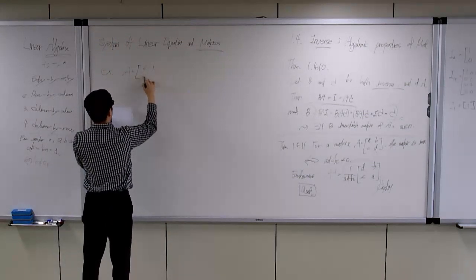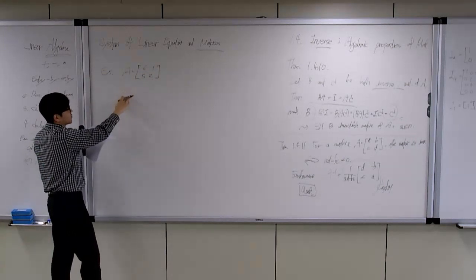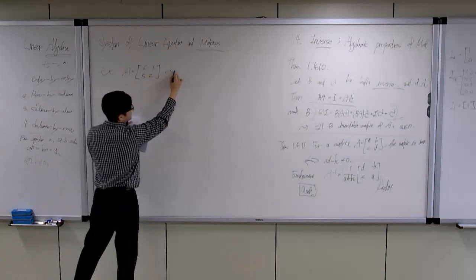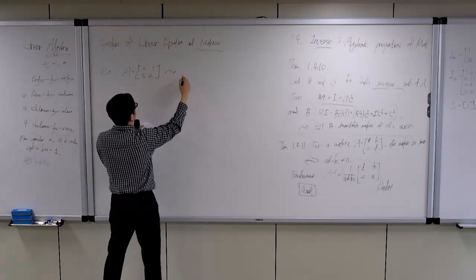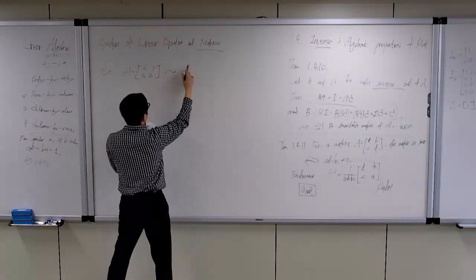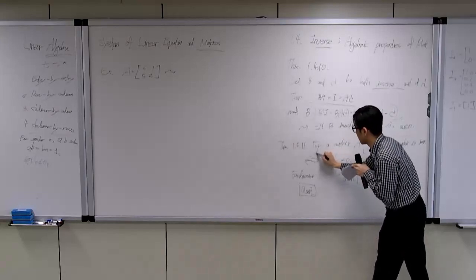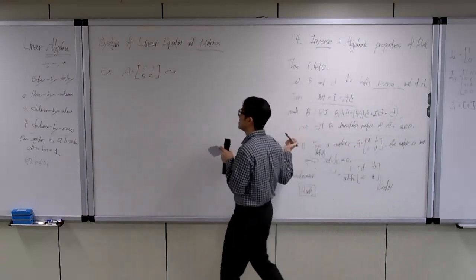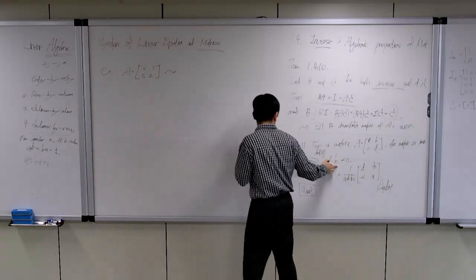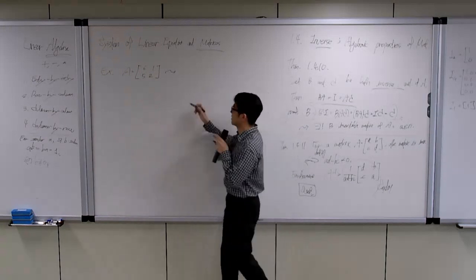If A is a matrix with entries 6, 1, 5, 2, then from this theorem, I will say this determinant of A. At this time we just use the determinant in the 2 by 2 matrix only.